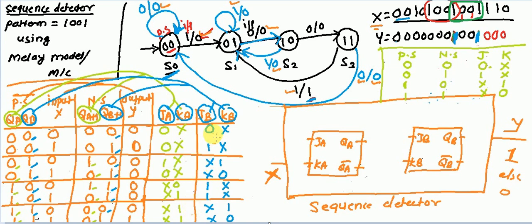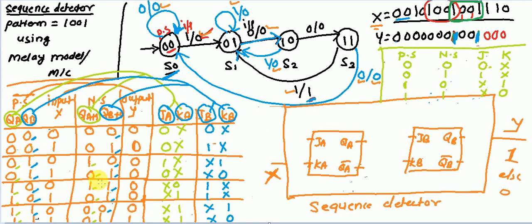In a similar fashion, we also have to get the values for JB and KB. Look at this QB column and QB plus column. QB is present state, QB plus is next state. If present state is 0, next state is 0, JB is 0, KB is don't care.